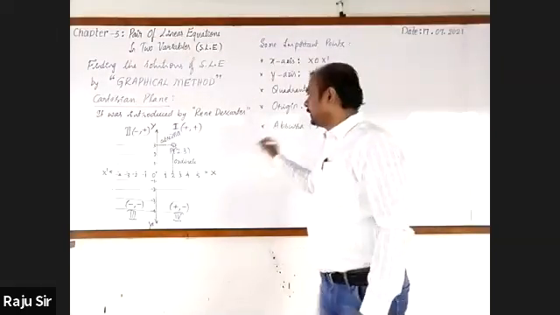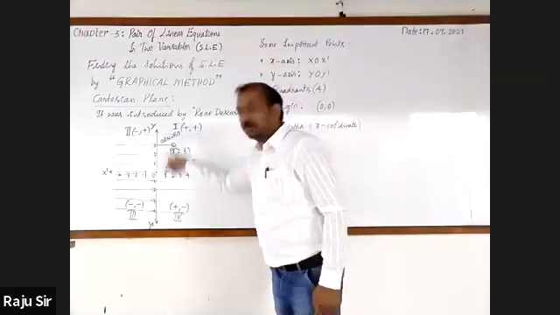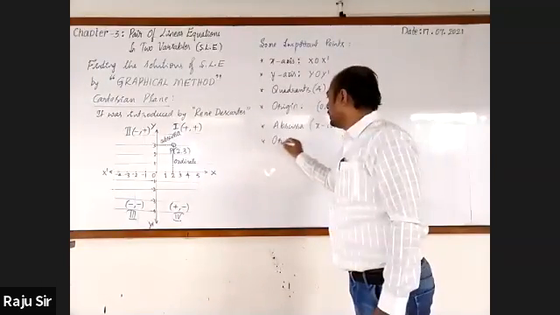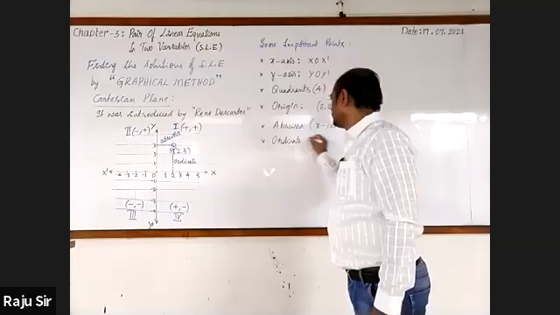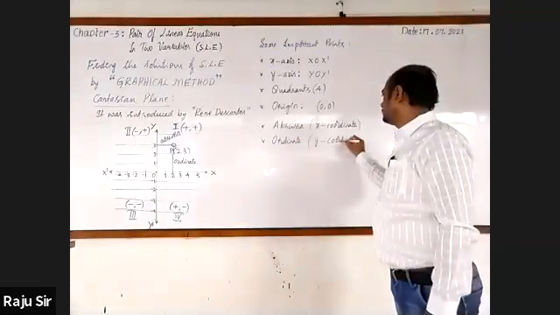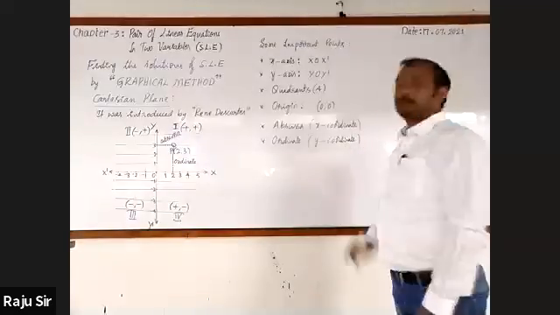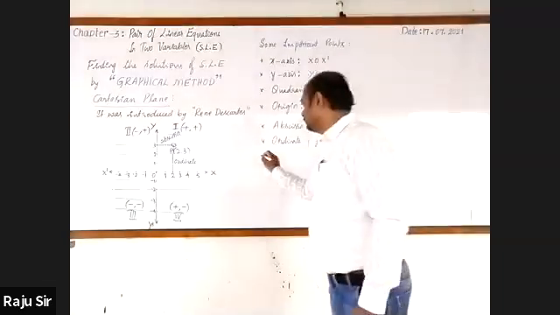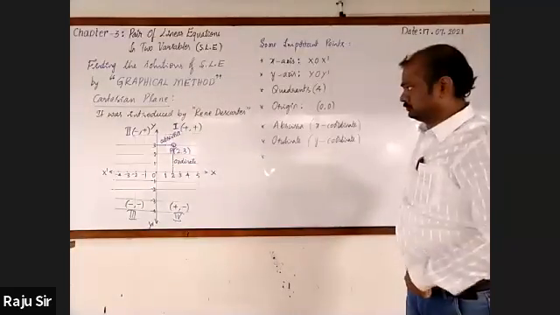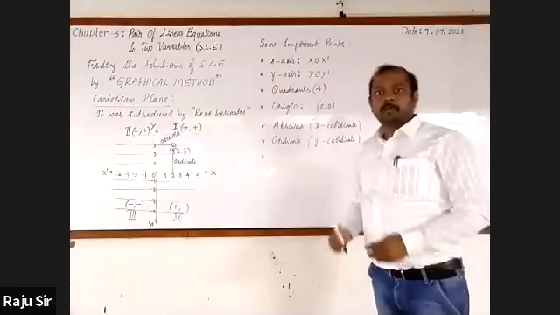Next, the perpendicular distance from the given point to the x-axis is the ordinate, and it is nothing but the y coordinate.